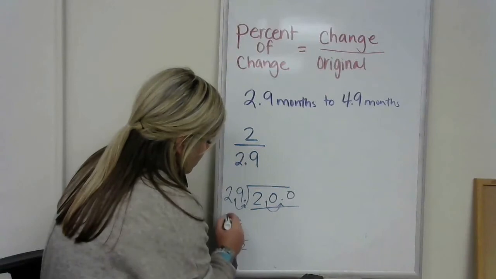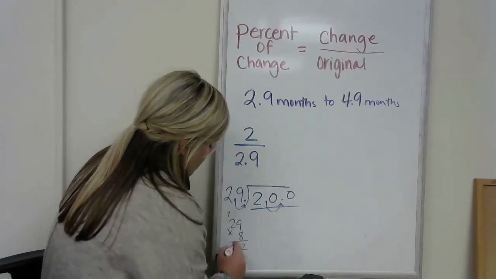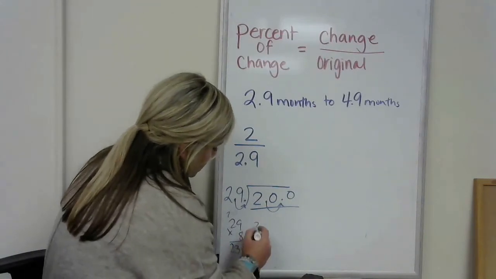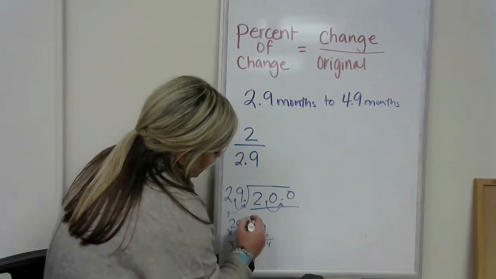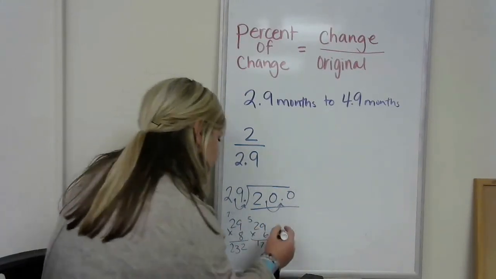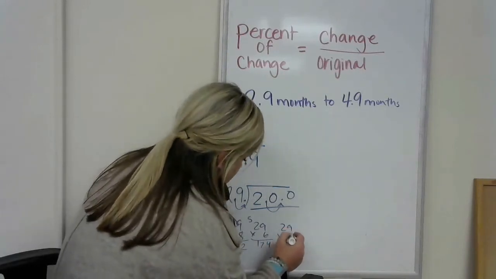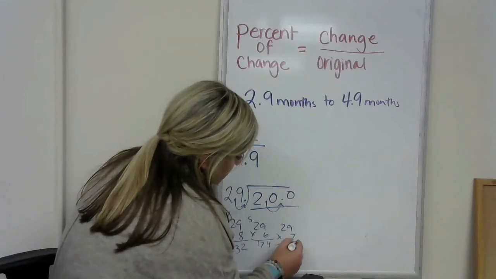I don't know. 19, 18, 19, 20, 21, 22, 23. That was too much. 29, let's do 6. 54. 12. 29 times 7, 63.